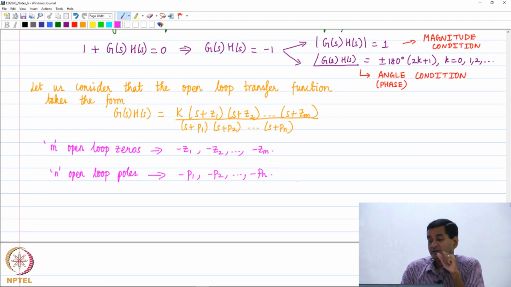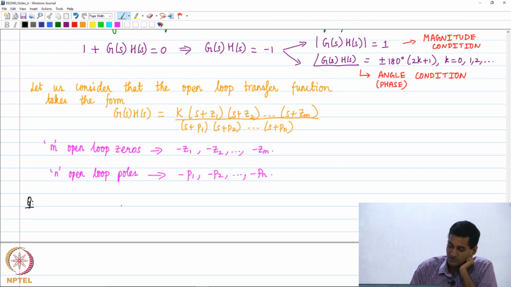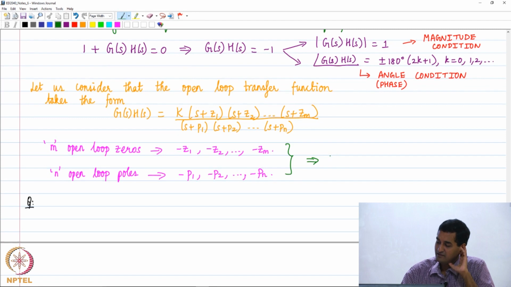Now what is the question we are going to ask ourselves? Before that, you can immediately see that there would be n closed loop poles.